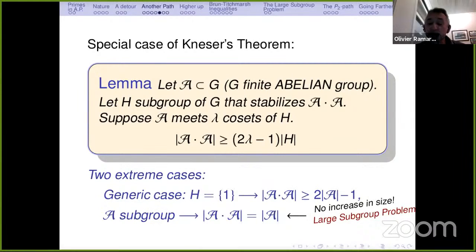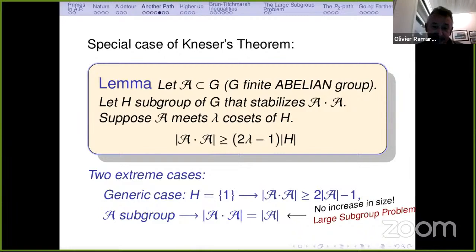So you get 2A minus 2, which in terms of cardinality, it's 2A minus 1. So that's what we believe, is that when you start from a set and you look at this double set, okay, multiplicatively speaking, A times A, you get 2A minus 1 in cardinality at least.